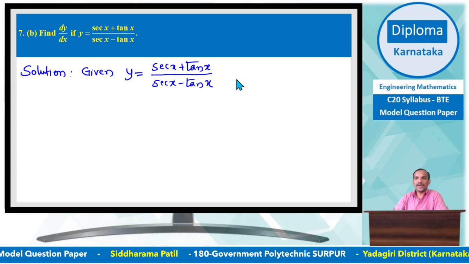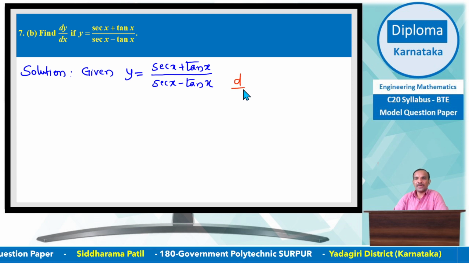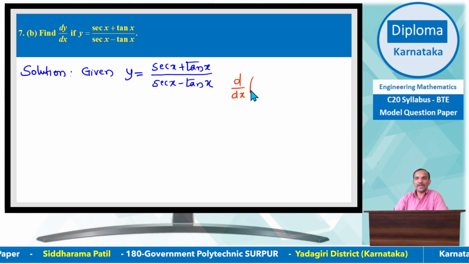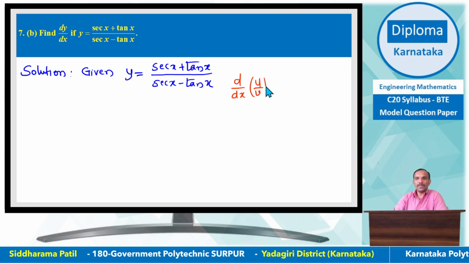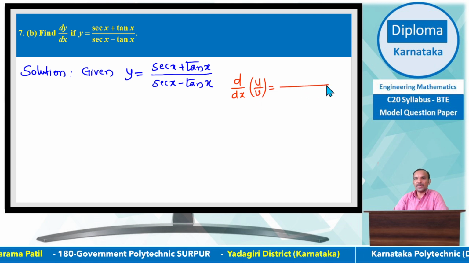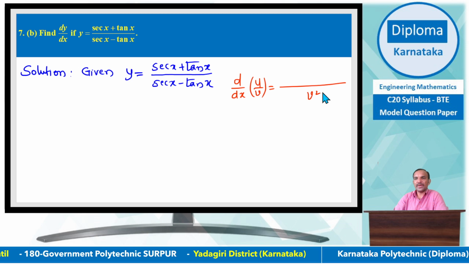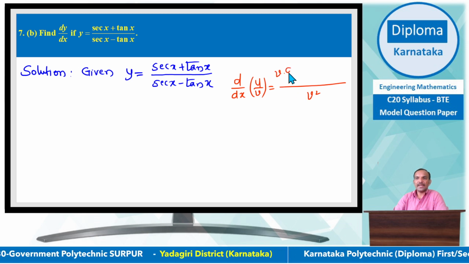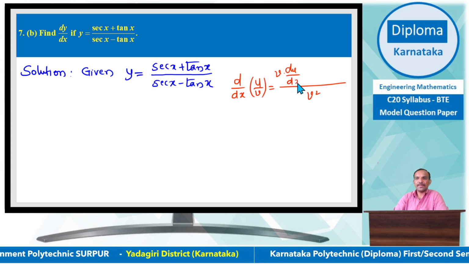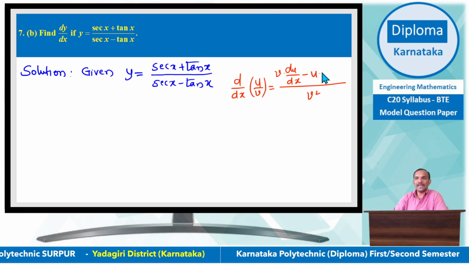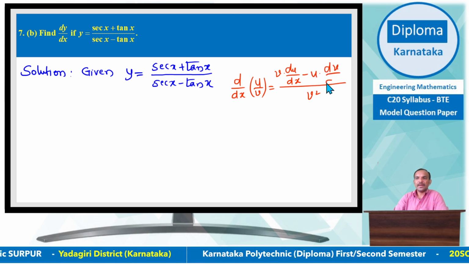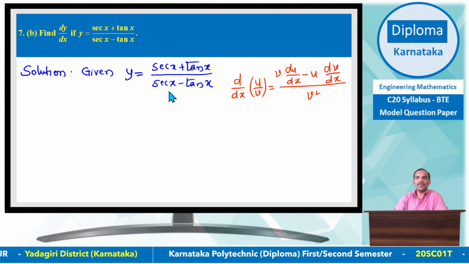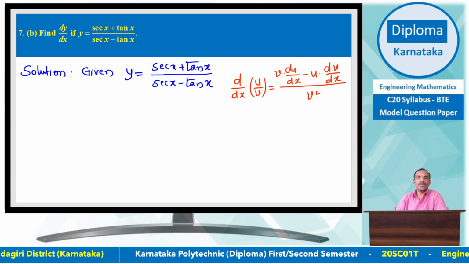What is the quotient rule? The differentiation of u by v is equal to v square in the denominator, with v as it is into du by dx, minus u as it is into dv by dx.